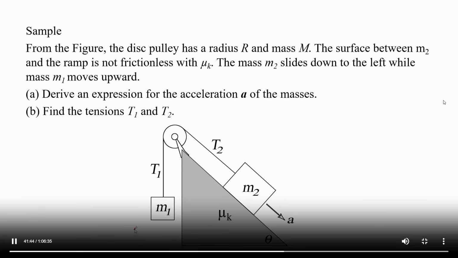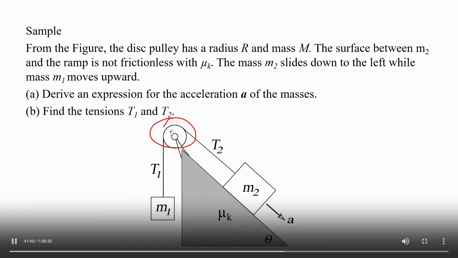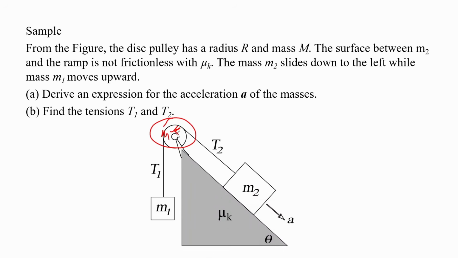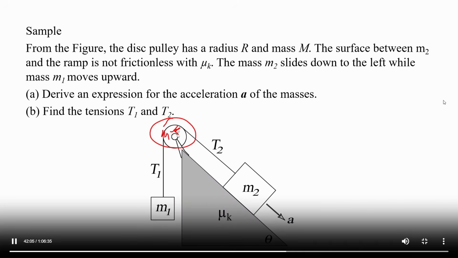Okay, let's go. From this figure, the disk pulley has a radius R and a mass M. You can go back to the table to obtain the expression for the moment of inertia of this mass. The surface between M2 and the ramp is frictionless.